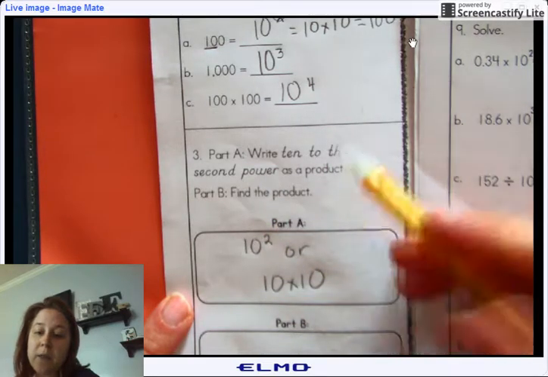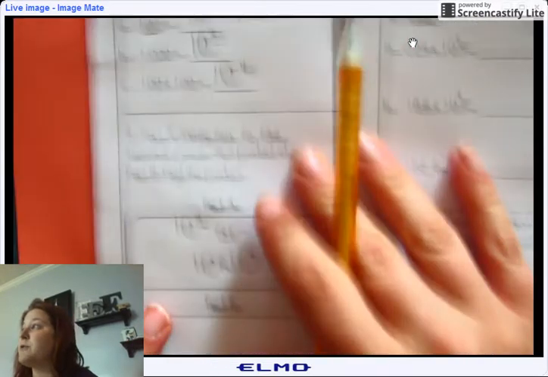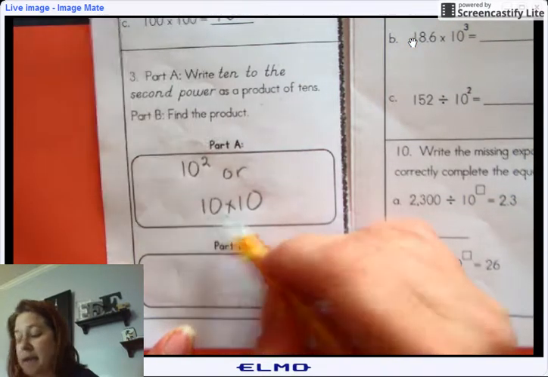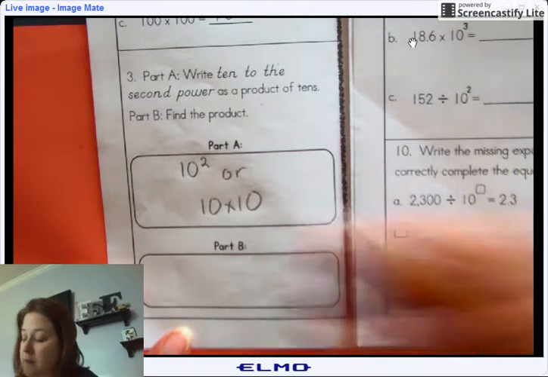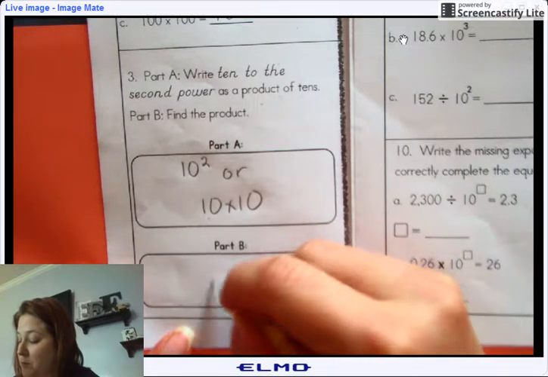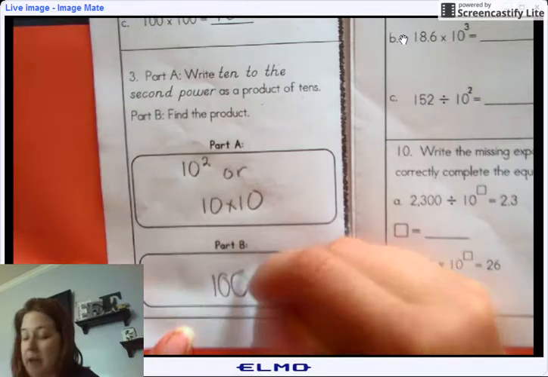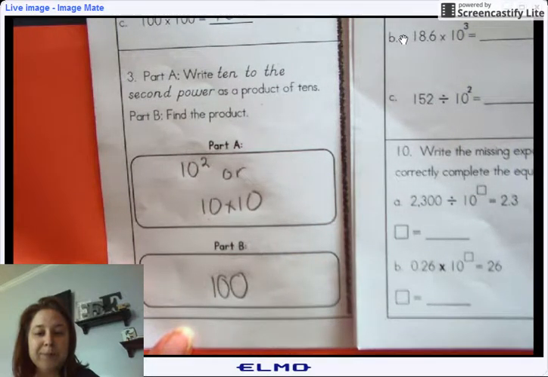And find the product. We know that product means the answer to a multiplication problem. And 10 times 10 equals, if I follow my same rule, I have to add 2 zeros.